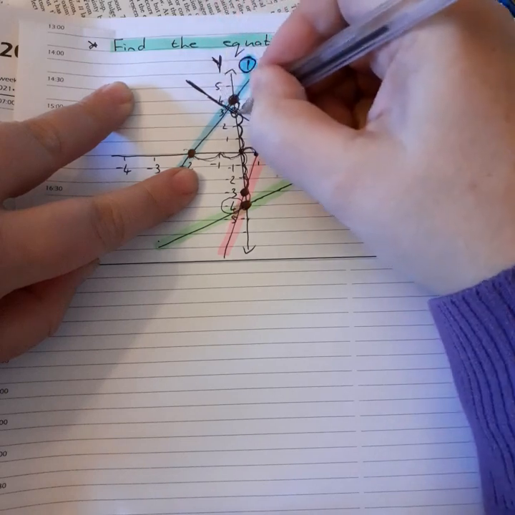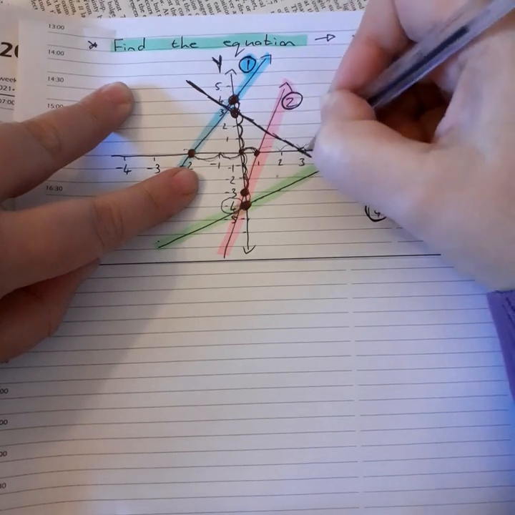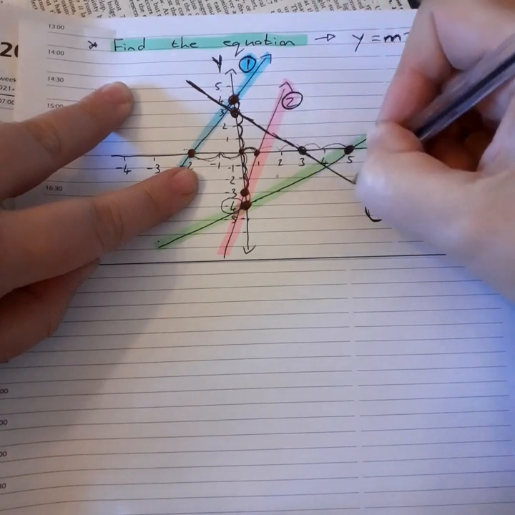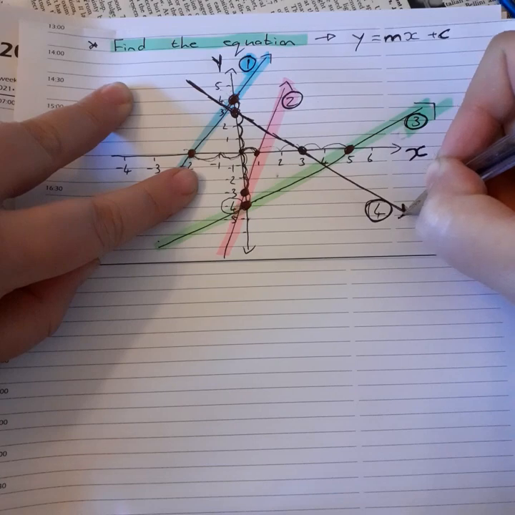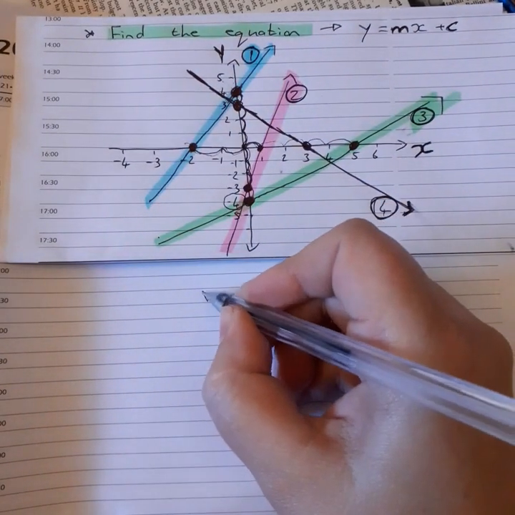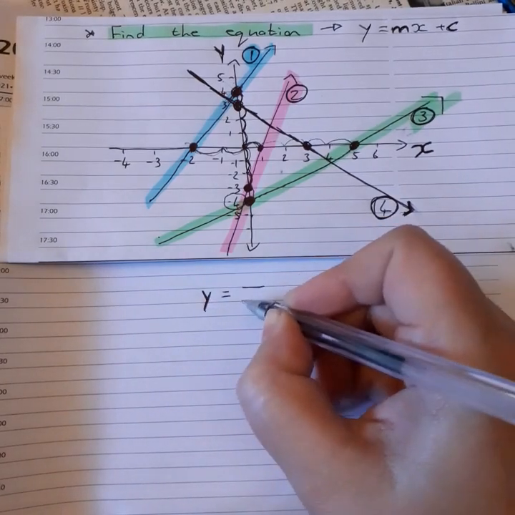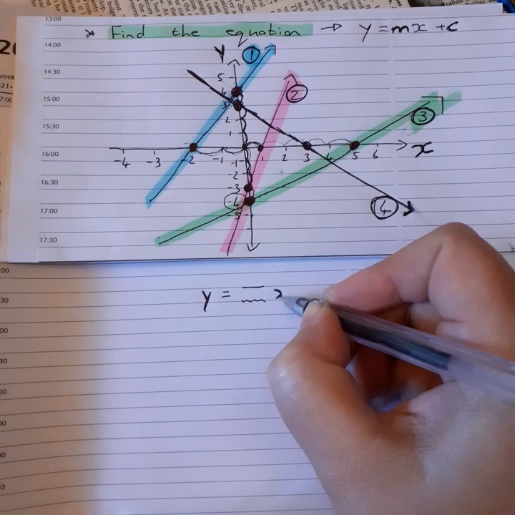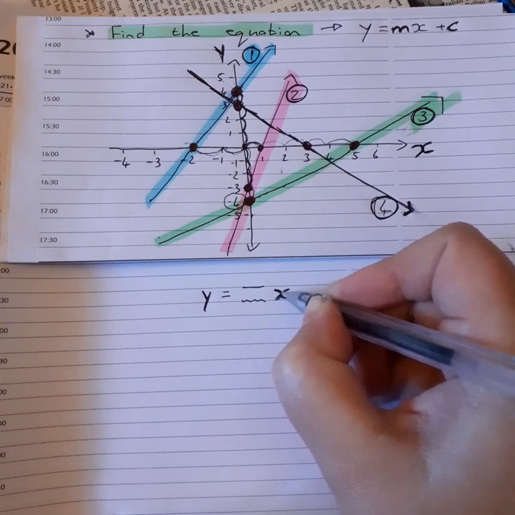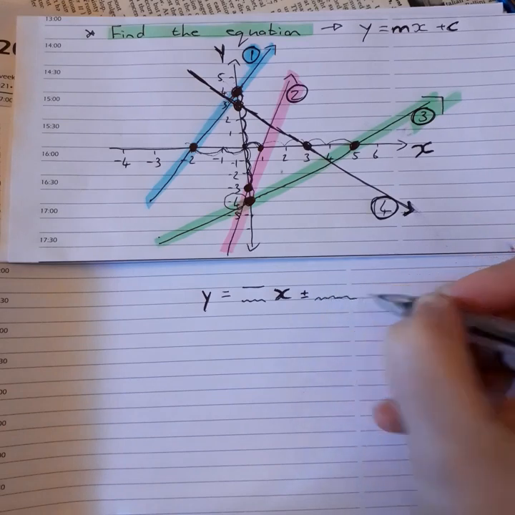It goes through 3, and it goes through a 3. Okay. So here we've got, ons het y, is gelyk aan some fraction in 'n x plus or minus some number.